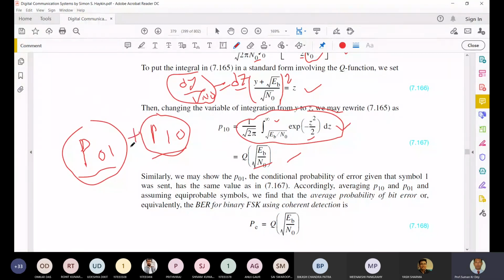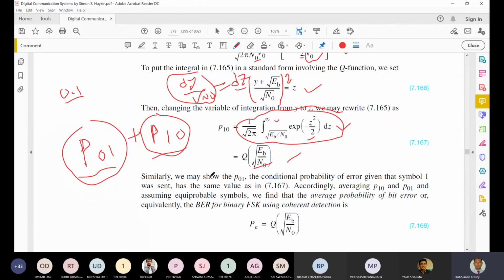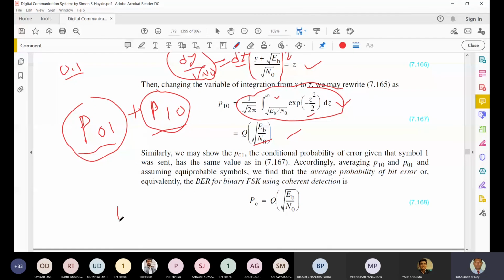And why are we taking the average of these two? The main reason is that both 0 and 1 are equiprobable. So that's why we are taking the average probability of bit error, and that will give us Pe equal to this value. In this case also this is the value, and for this case also this is the value, so taking the average we get Pe equal to this.